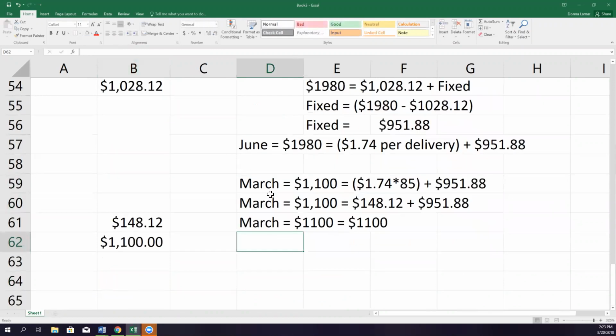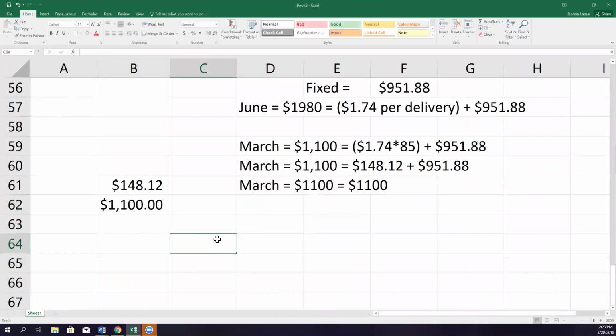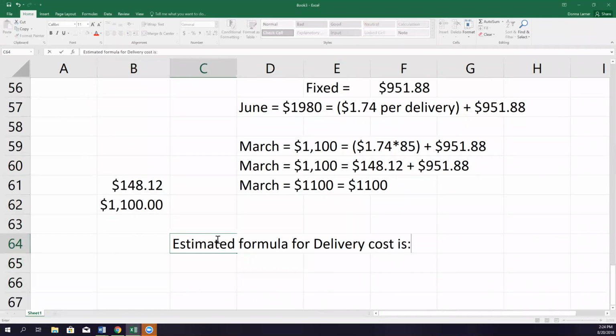So we have figured out the formula, and we can say that the universal formula, or the estimated formula for deliveries, the cost is $1.74 times the number of deliveries plus $951.88.